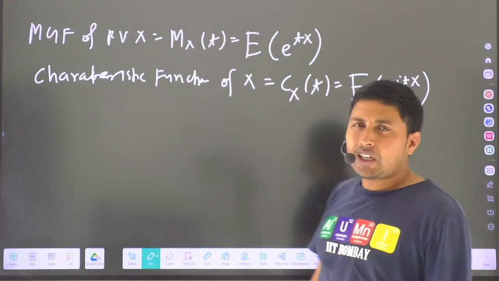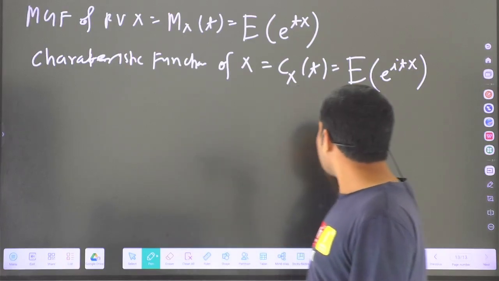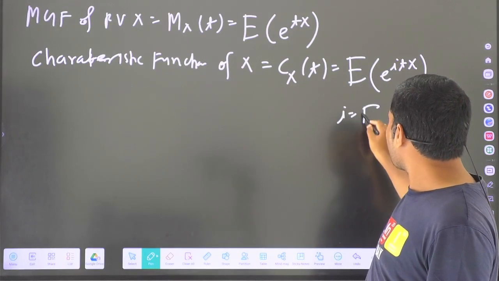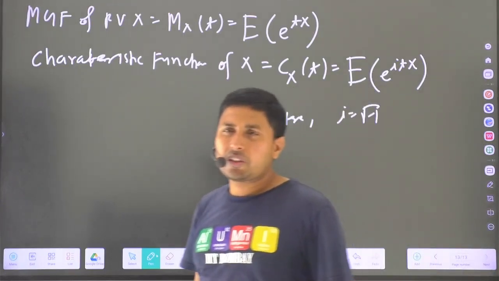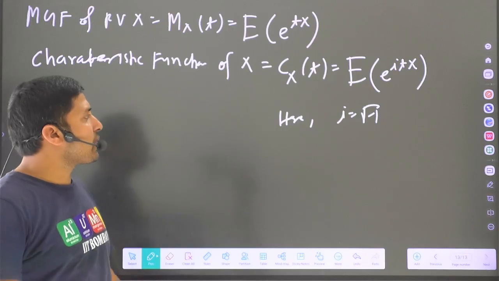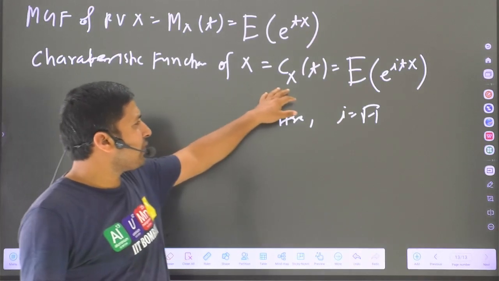And what is iota? I have defined it in the first class also. Iota is the square root of -1. This is a complex number, right? So iota is an imaginary number which is square root of -1. What is the advantage of the characteristic function?